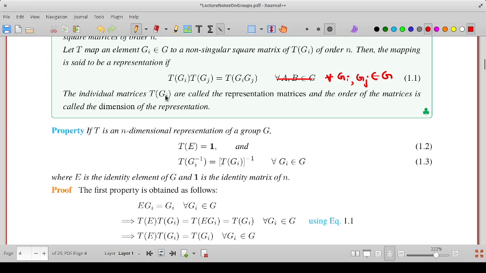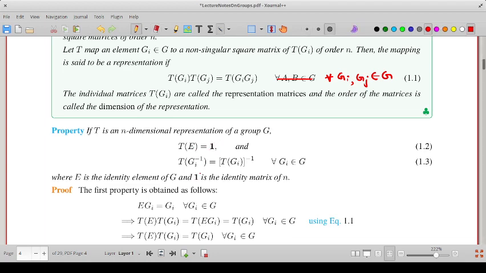Now there are certain properties that the representation satisfies. If T is an n-dimensional representation of a group G, then the representation matrix Te of the identity element E of the group is the n by n unit matrix. So that is the first property.